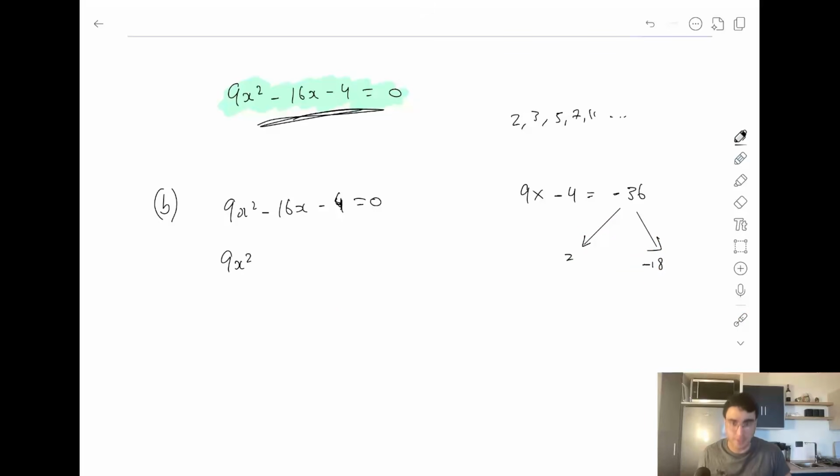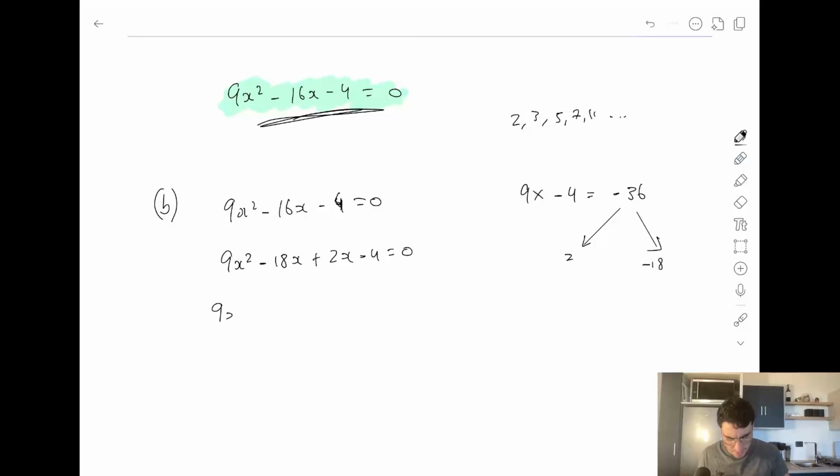So 9x squared, then I'm going to simply say 9x squared minus 18x plus 2x, minus 4 is equal to 0.